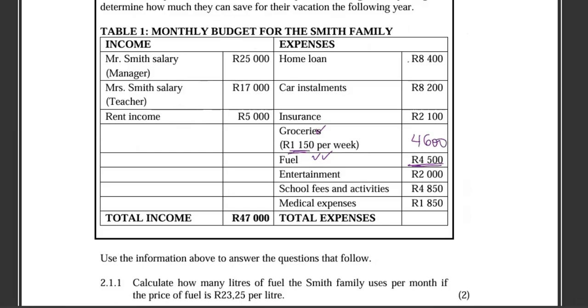Add up all these values here. So how much do you get here? We end up having 36,500.